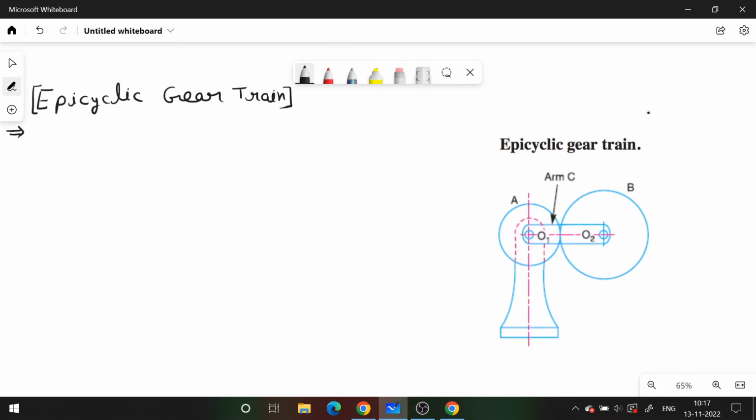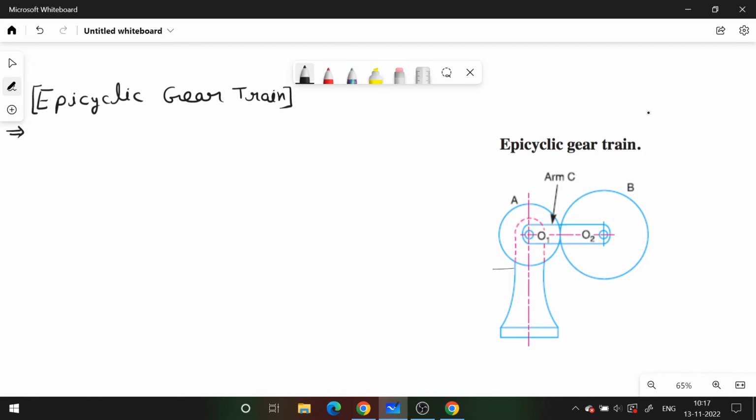But if wheel A is fixed and the arm is rotated about O1, then gear B will be rotating about gear A. If gear A is fixed and the arm is rotating about axis O1, gear B will be rotating about gear A, and we get an epicyclic gear train.